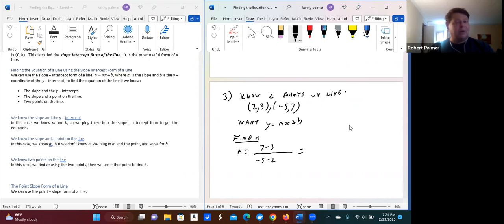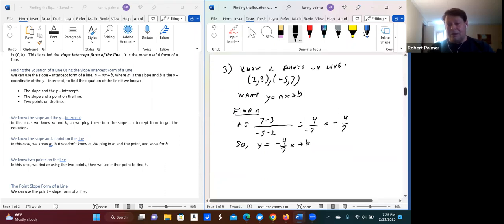So 7 minus 3 is going to be 4, and negative 5 minus 2 is negative 7. And so this is, let's bring the negative up front, negative 4 sevenths. So what we have so far is y equals negative 4 sevenths x plus b.